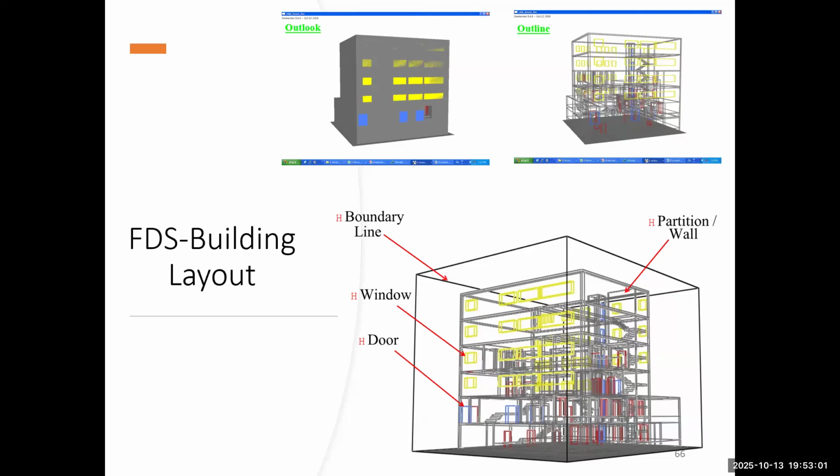With this boundary of the building, the smoke particles can be released from our building, and the heat radiation can also be released from the inside of the building to the outside, so our visibility will be improved. So the boundary of the building is very important as an input factor for our fire dynamic simulation.